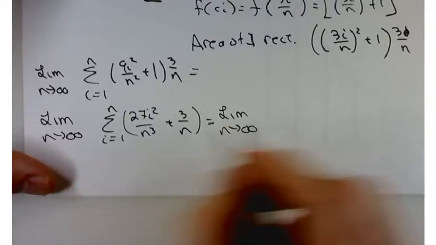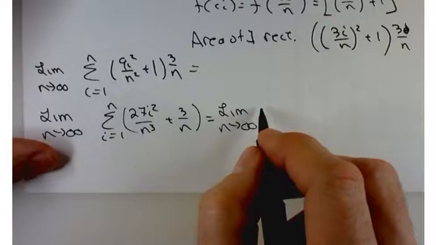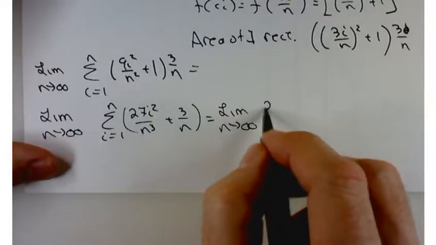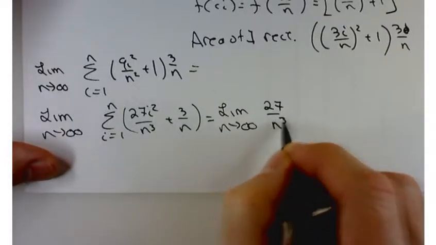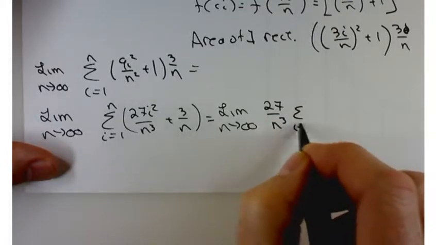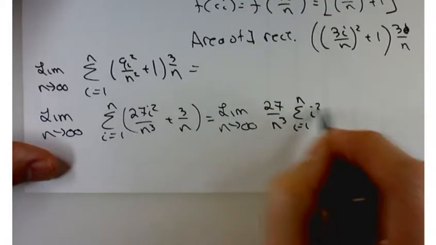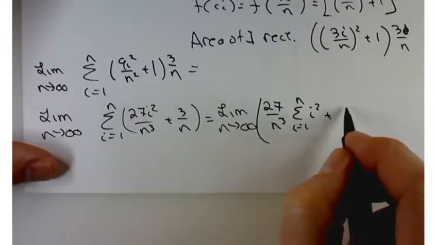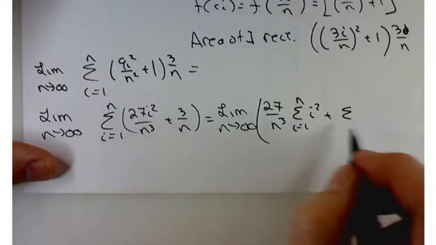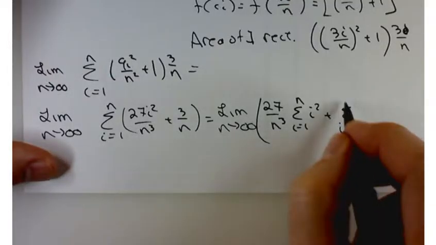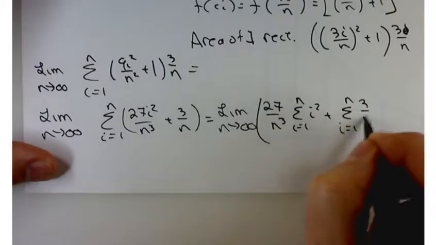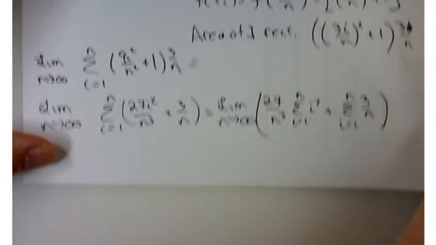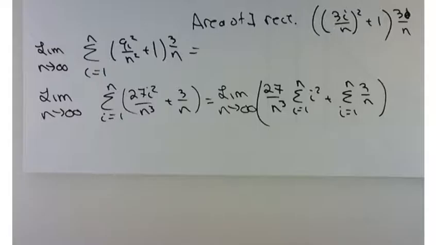That's the limit as n approaches infinity of, let's see, 27 over n cubed times the sum from i equals 1 to n of i squared, plus, and I'm not going to do likewise here, but it's not a big deal, the sum from i equals 1 to n of 3 over n. So I'm just playing around with my summations based on their properties.